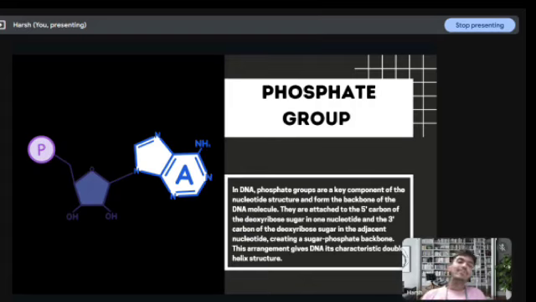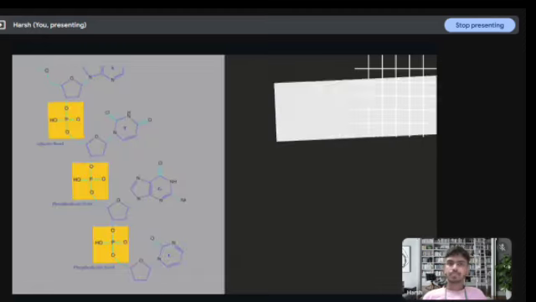It is going to give DNA its double helical structure. So the 5 prime carbon of deoxyribose sugar will be attached to the phosphate group, which is going to give the double helical structure, the characteristic structure which we always see for DNA, due to this phosphate group attached to the pentose sugar or deoxyribose sugar.